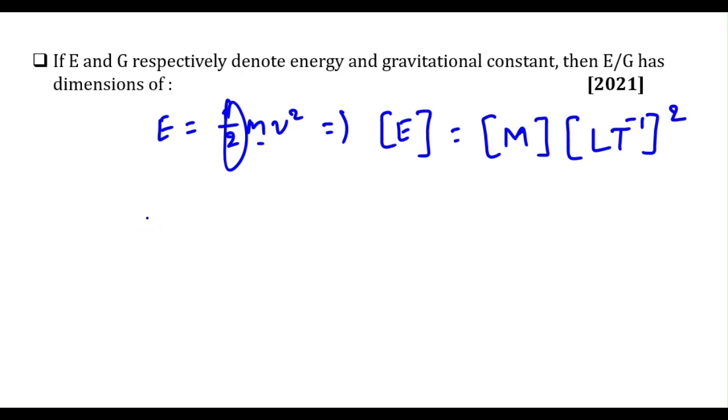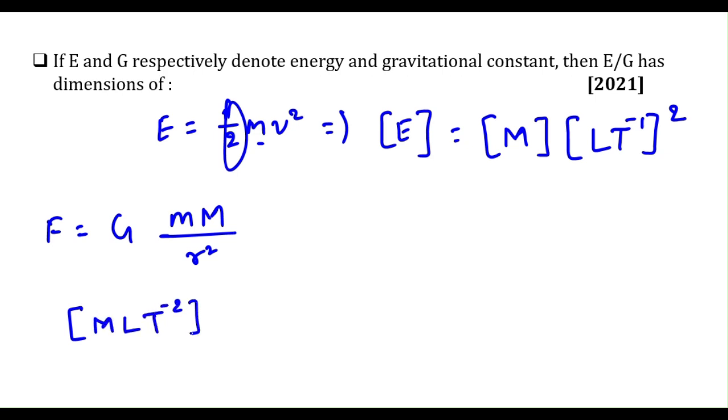Now we have to take dimension for G. Okay, so force equals G, and then here we have M1, M2, you can write small m, capital M. There are always at least two bodies for gravitational force, and then we have here R square. So this is force, and we have already done this thing.